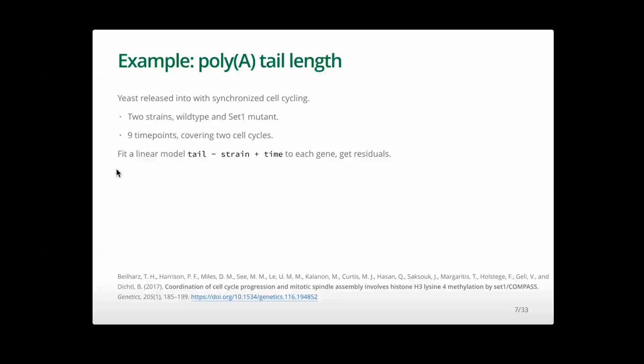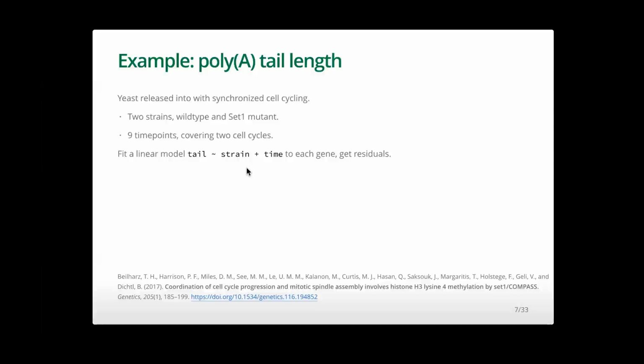I'm first going to look at fitting a linear model. This is our linear model syntax, saying tail length can be predicted based on two influences, the strain of the yeast and the time.